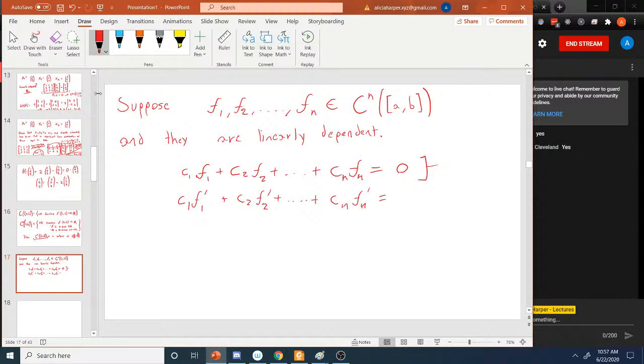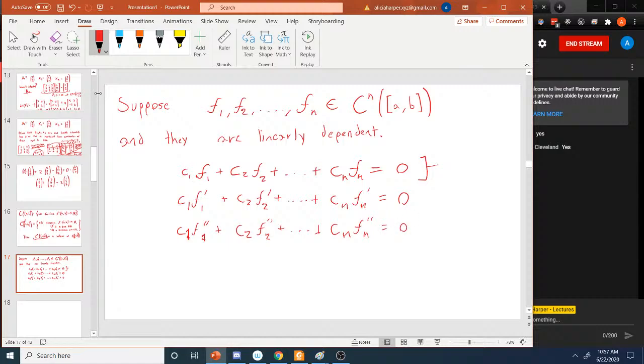And if you differentiate 0, you still get 0. But now I can keep differentiating. So if I differentiate again, I have C1 times f1 double prime plus C2 times f2 double prime plus Cn times fn double prime, and this will also be equal to 0.